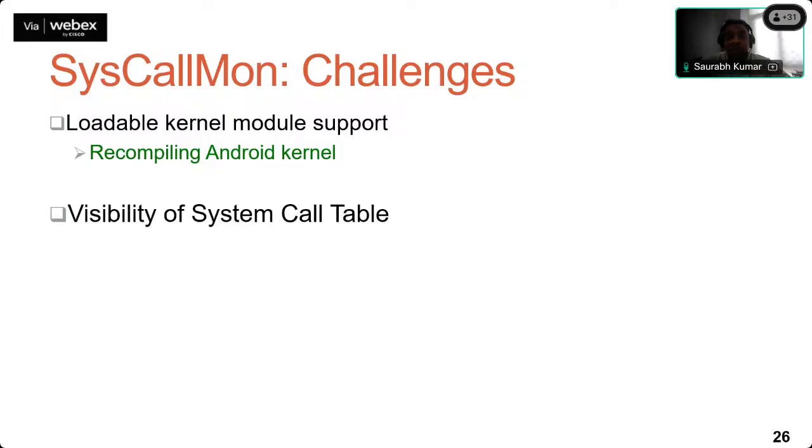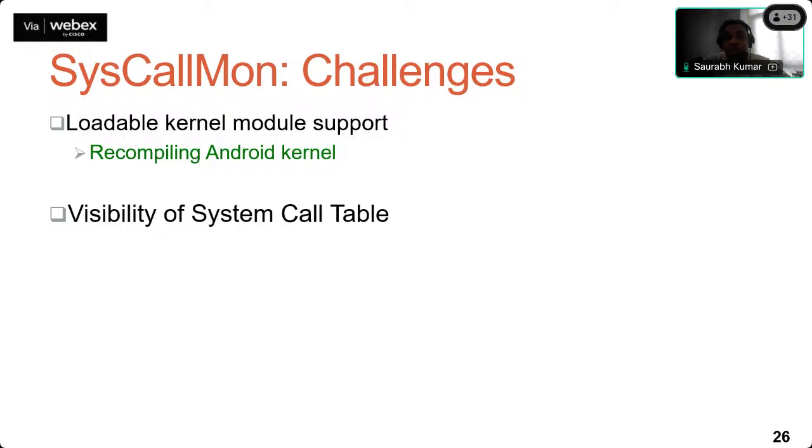The second challenge is the visibility of the system call table. The system call table is where a system call is mapped to its address. If you change those addresses to your dummy system call location, then you can hook those system calls.